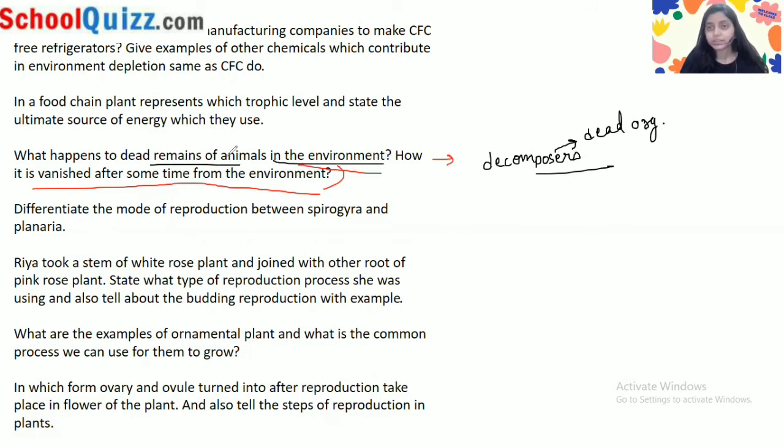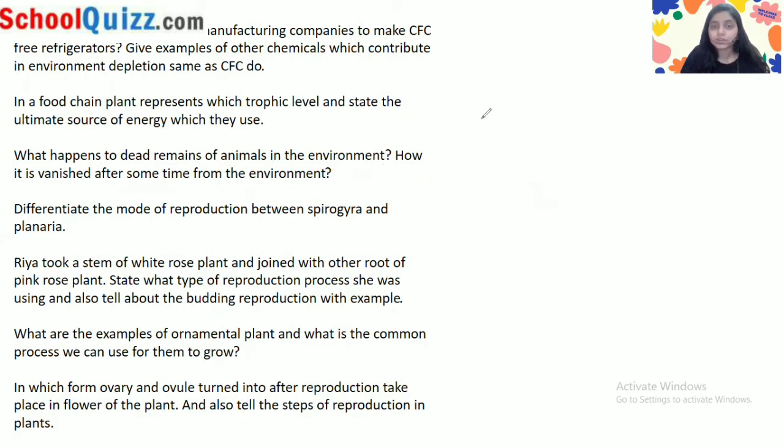Let's say if a deer dies, or a fox dies, their body remains in the environment, and after some time, let's say one month, this body goes back into the soil. How is this possible? This is possible because there are decomposers in the environment, who feed on the dead organisms. So let us see how we write the answer.